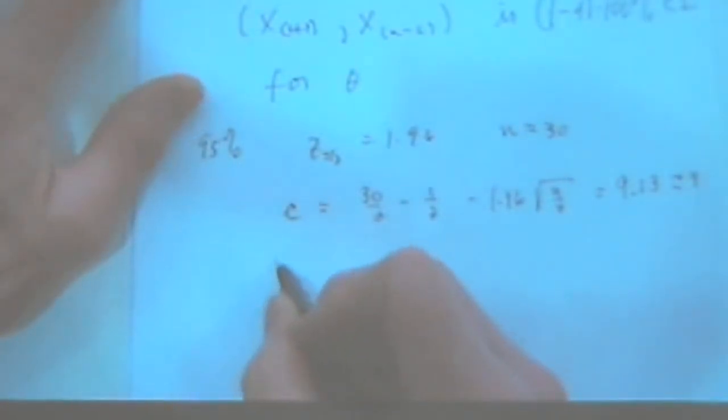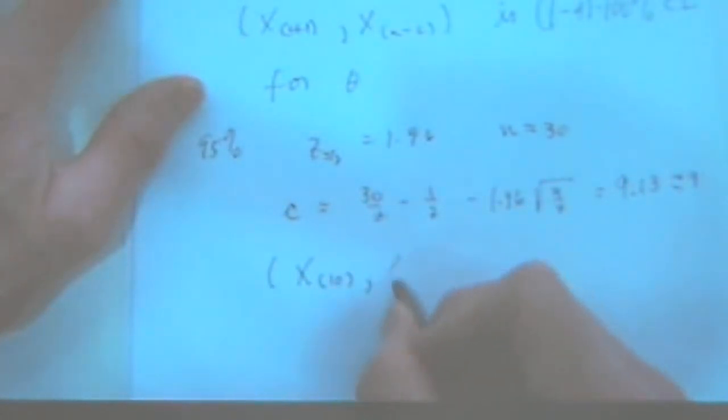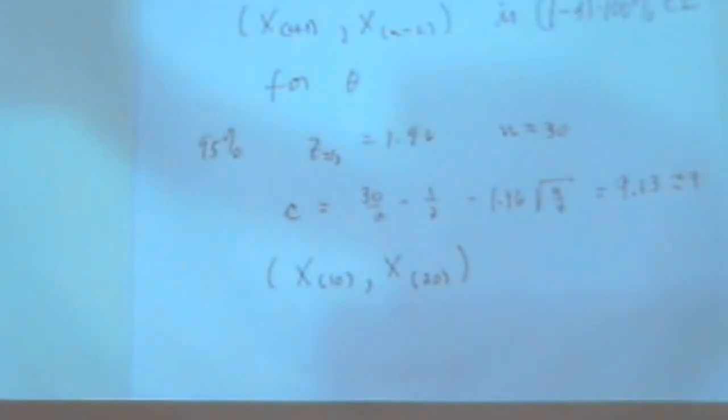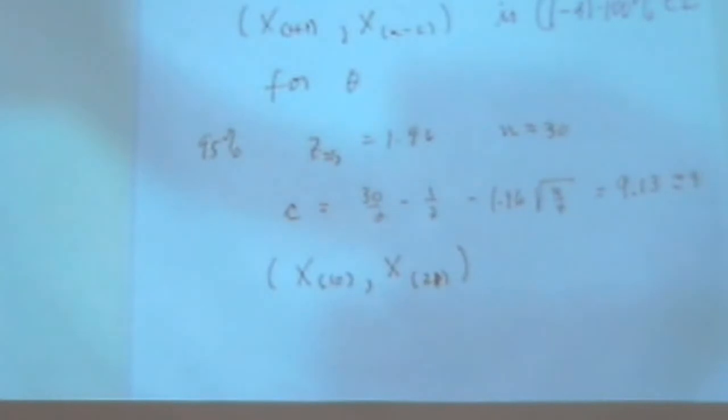So then my confidence interval will be the 10th order statistic, right? And then out to the 20th. No, out to the 21st. That'll be my confidence interval.